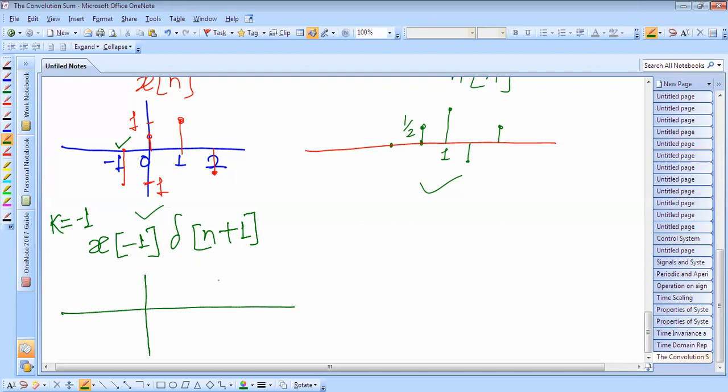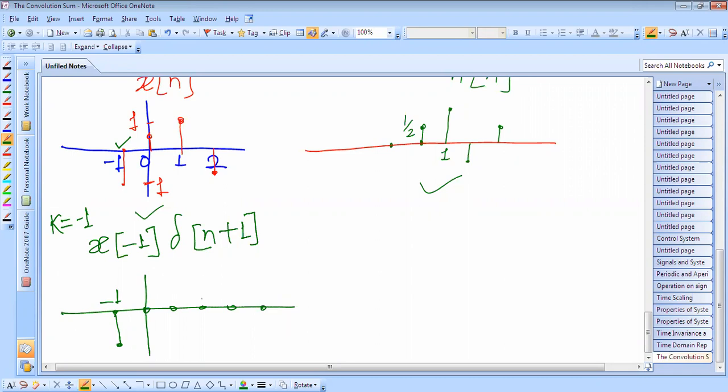So we will get minus 1, the magnitude is 1, whereas the rest of the terms will be 0, because we are decomposing the input signal. At one time we will consider only one function, so x of minus 1 we are considering here.